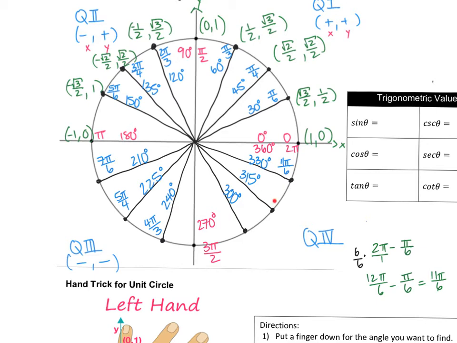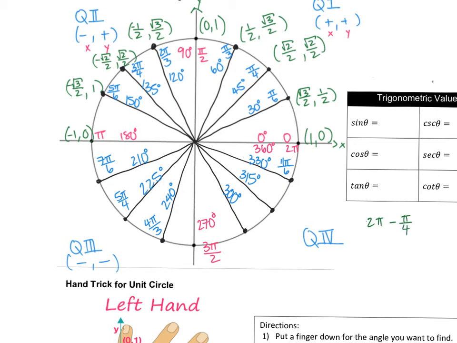If I want to find this angle here, again, I have to take my 2 pi, so this entire full circle is 2 pi. If I want to go to this angle here, I need to subtract about 45 degrees, or pi over 4. So I'm going to take 2 pi and subtract pi over 4.